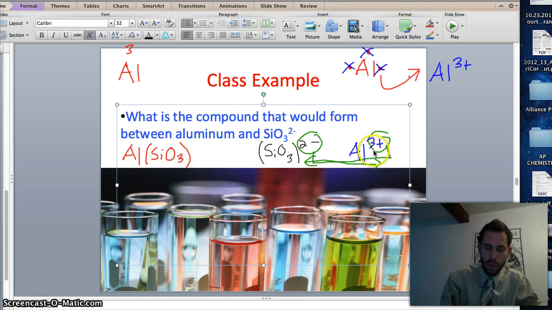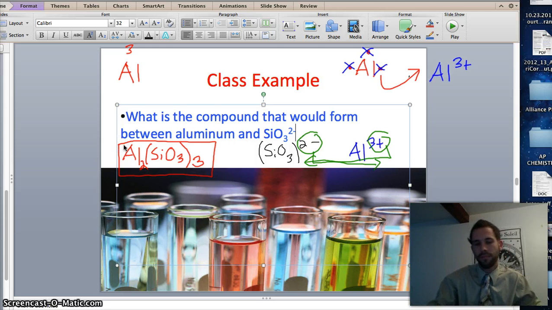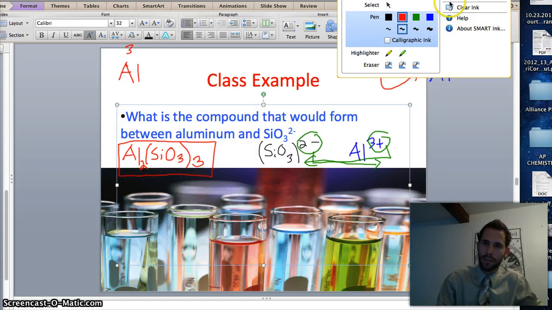And remember that 3 dropped down over here, so we'd have a 3 at the bottom. And this 2 dropped down over the Al, so we'd have a 2 at that bottom. And that right there is our new ionic compound, between one polyatomic ion that's stuck together and one regular old metal.